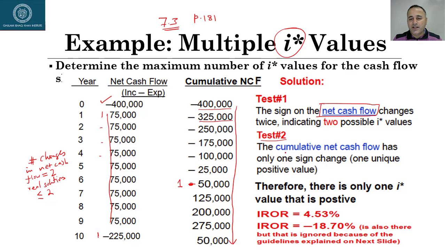Test number 2 is based on cumulative net cash flows. As you can see, the cumulative net cash flows have only 1 sign change. Therefore, there is only one I value that is positive, because the Nordstrom criteria says that if the cumulative net cash flow starts negatively and has only 1 sign change, it means that there is at least one unique positive IRR.